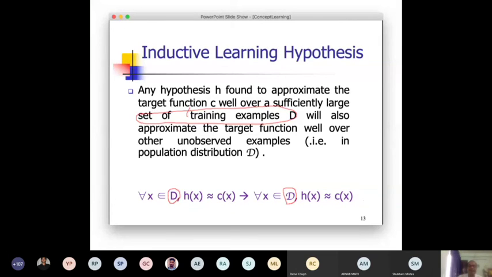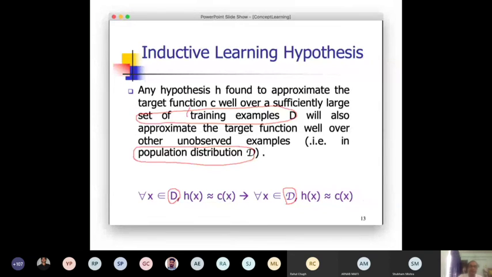And this D represents the population distribution, the whole domain of input, that is the whole input space. So this D is the whole input space, and this D is the training set.